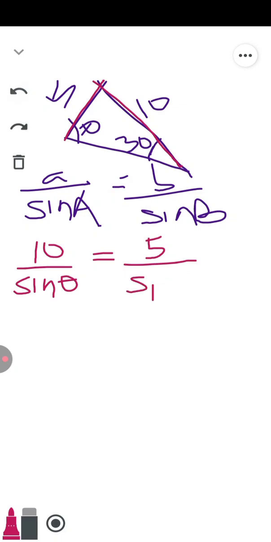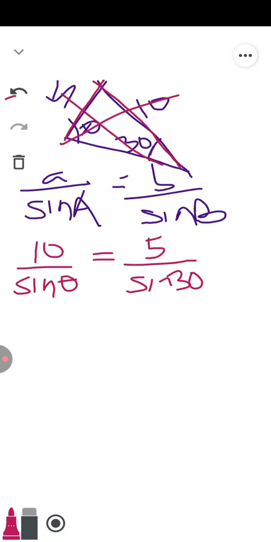Don't forget that capital letter represents angle, small letter represents side. So you can pick any side, just make sure that when you pick a side, you pick the angle that is facing it. Don't pick a side and pick the angle of another side. So if I pick 10, it is theta; 5 is 30. So you must pick it like that. Don't scatter it, otherwise you will miss it.